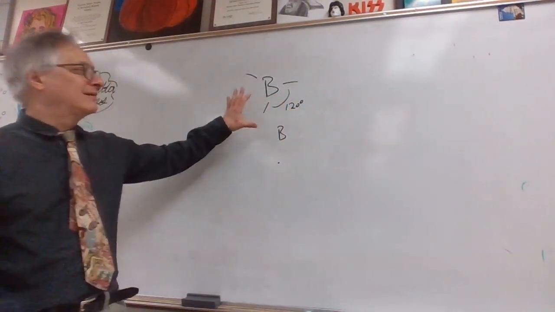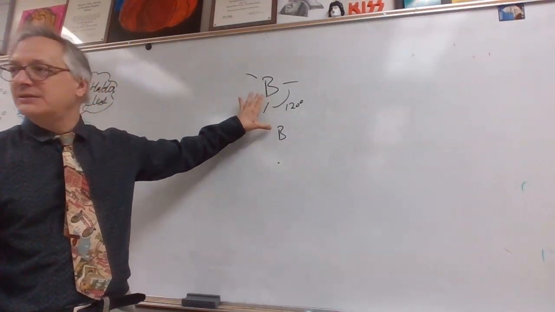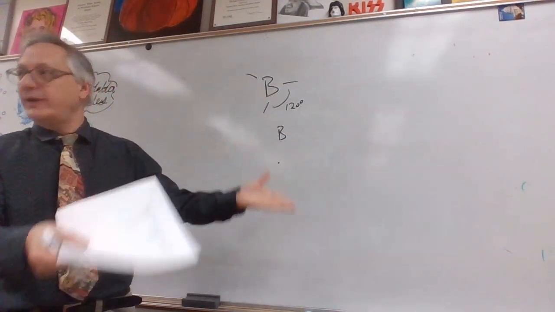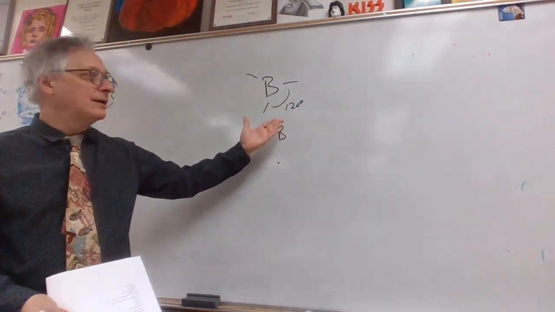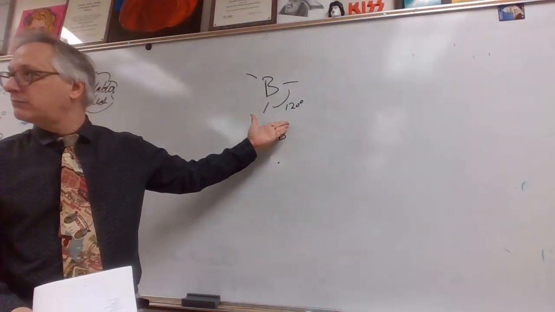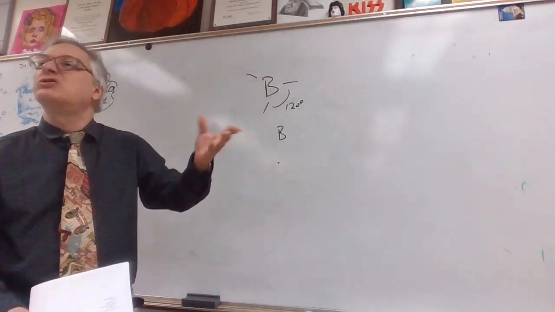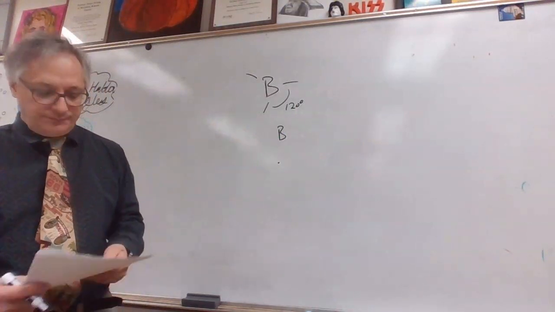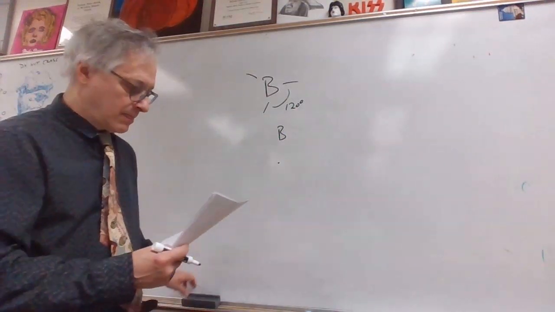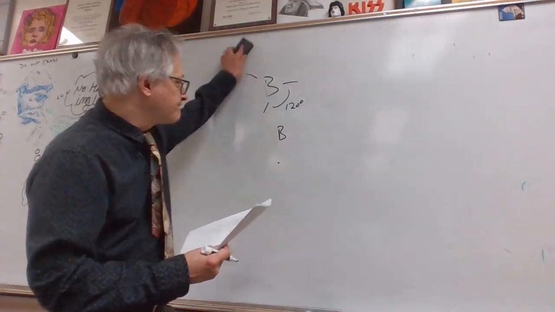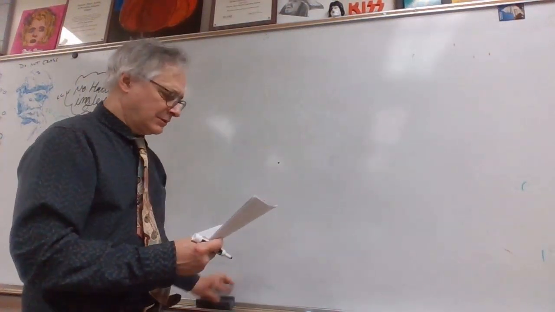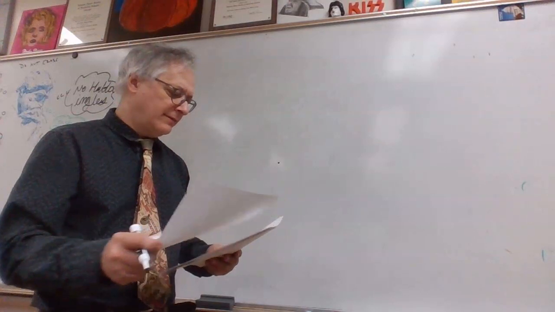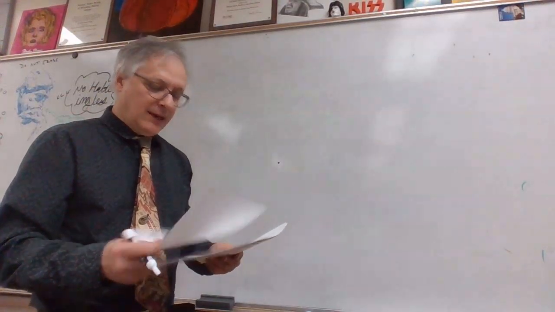But again, I didn't really address boron because it's one of those strange things, like hydrogen can only have 2 electrons. Boron can violate the octet rule by being perfectly fine with 6 electrons. Just too small. So, there's that one. A lot of Lewis structures on this one and VSEPR structures.